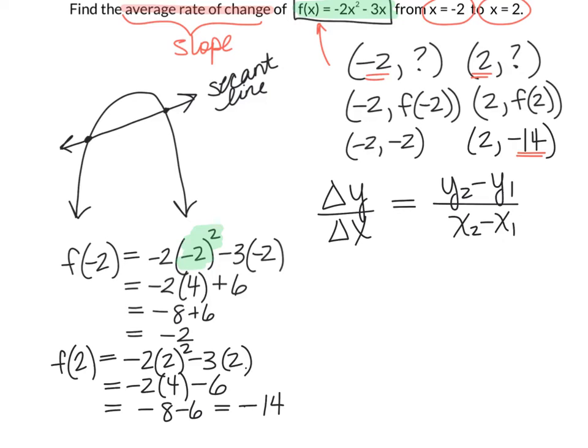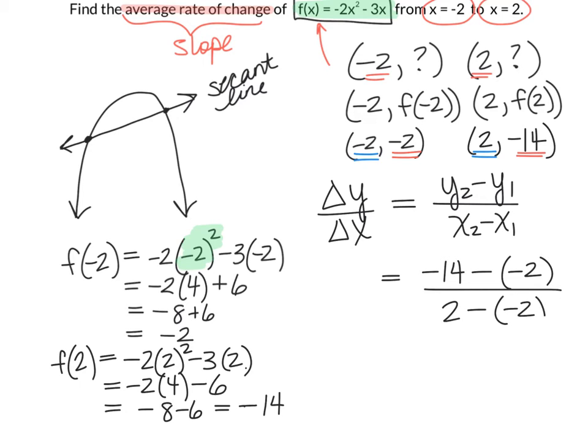So then the change in your y values would be negative 14 minus the y value of the second point here, which is negative 2. So that's negative 14 minus negative 2. And then since we started with negative 14 as our y value, it's important that we start on the bottom with its corresponding x value. So that would be positive 2 minus the corresponding x value here, which is negative 2. So that's 2 minus negative 2.